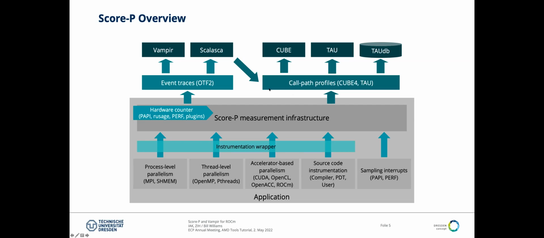This infrastructure then produces our profiles or traces, which are consumed by a wide variety of tools. If I wave my hands vigorously, it sounds almost as simple as the slide is.